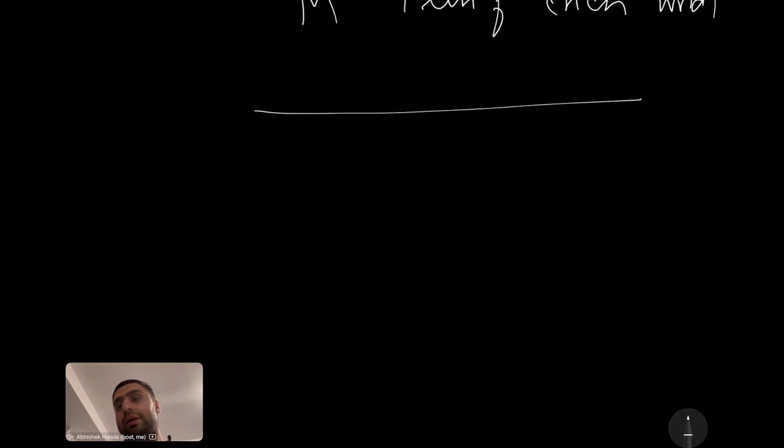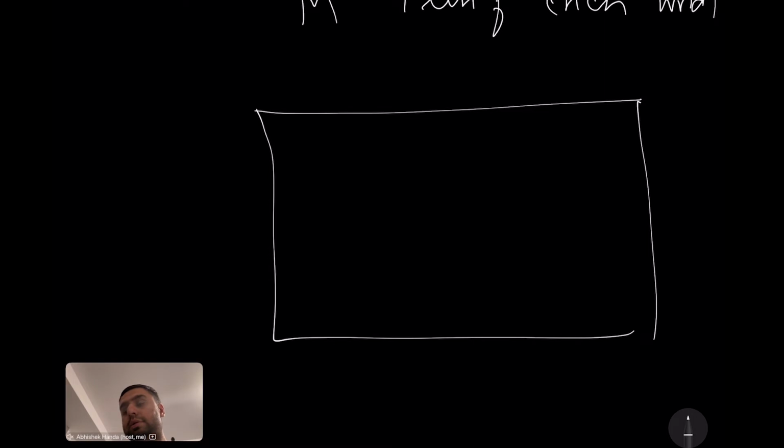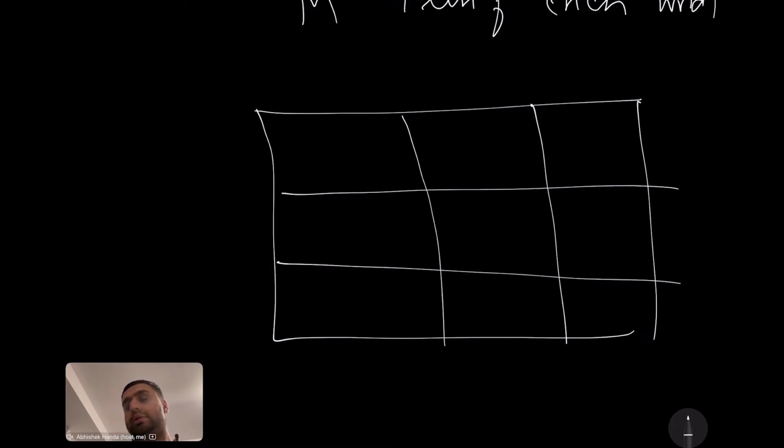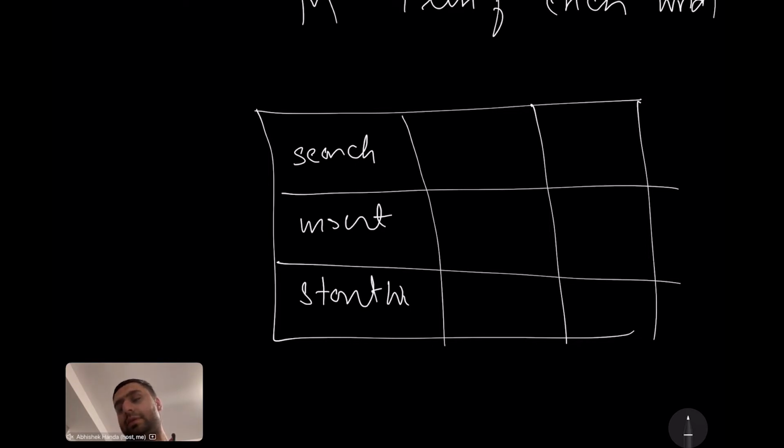Let's make a table kind of. Let's say this is the search API, and this is insert, and this is startsWith. So let's write the time complexity here and space complexity here.